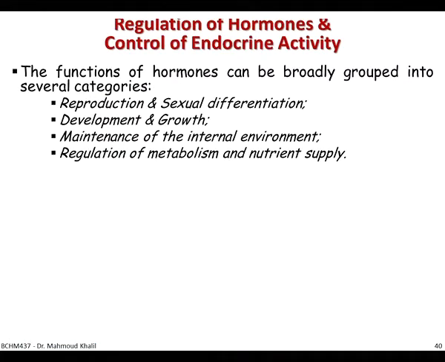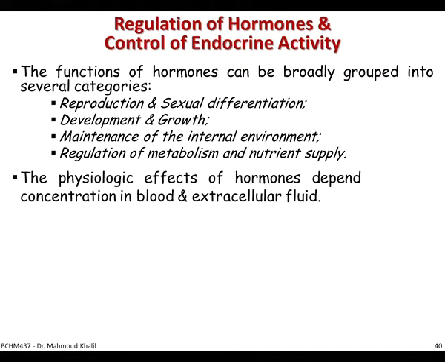So how do the regulation and control of endocrine activity occur? The functions of hormones can be broadly grouped into several categories: reproduction and sexual differentiation, development and growth, maintenance of the internal environment, and the regulation of metabolism and nutrient supply. The physiologic effect of hormones depends on their concentration in blood and the extracellular fluid.